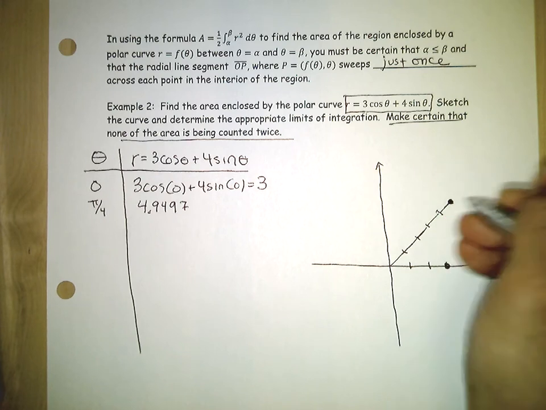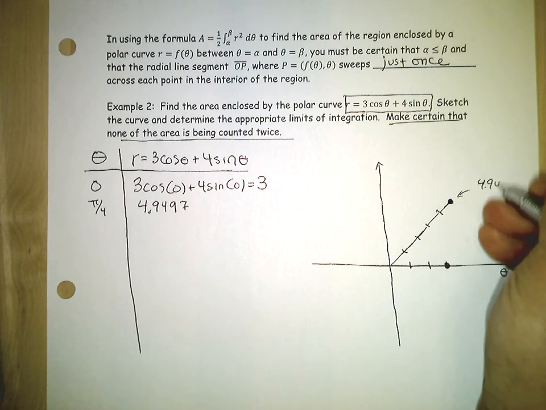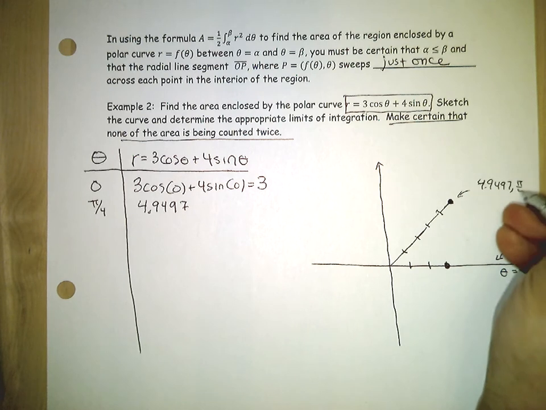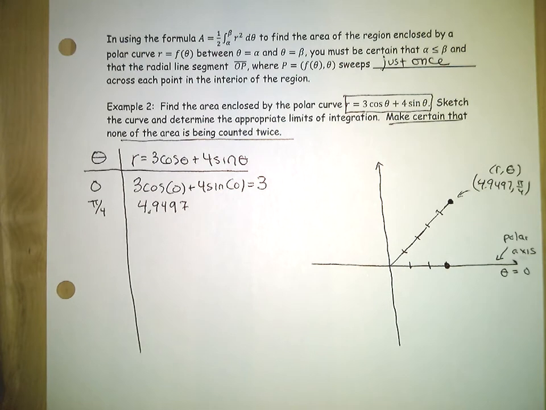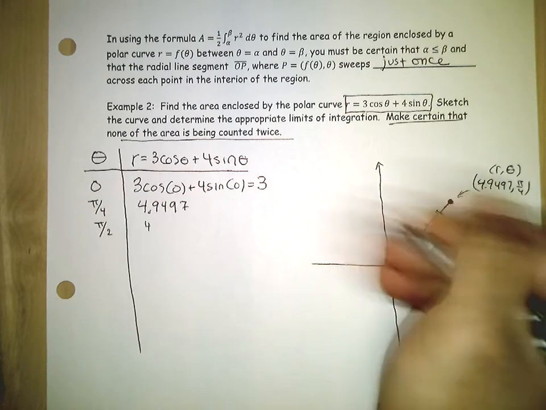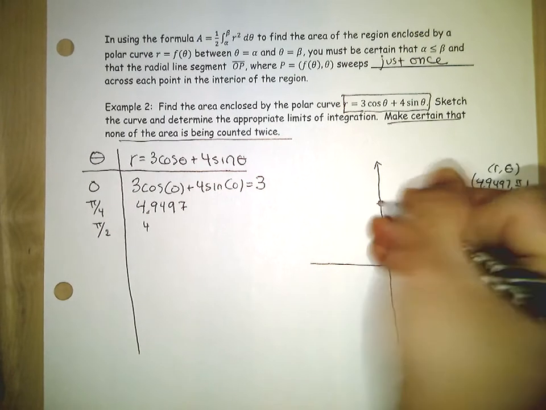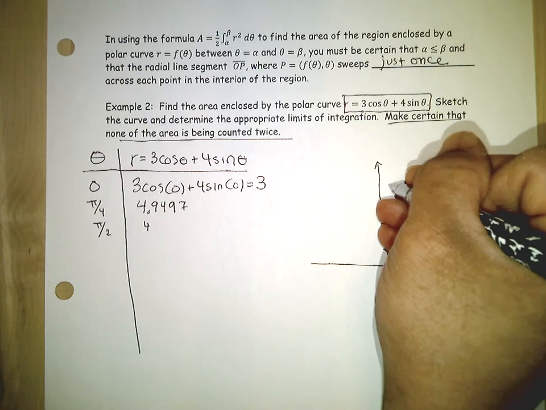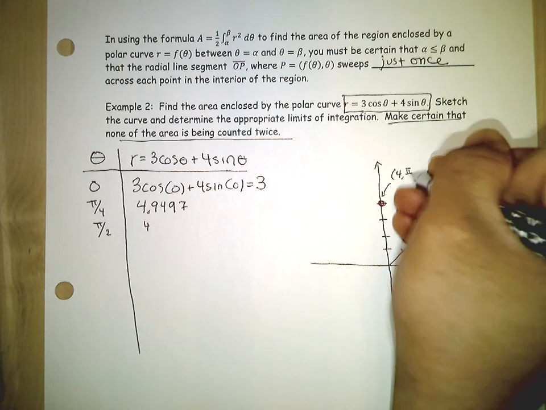All right, so this is the point 4.9497, pi over 4. Remember, these points are of the form r, theta. All right, at pi over 2, we get 4. So 1, 2, 3, 4. So this is the point 4, pi over 2.